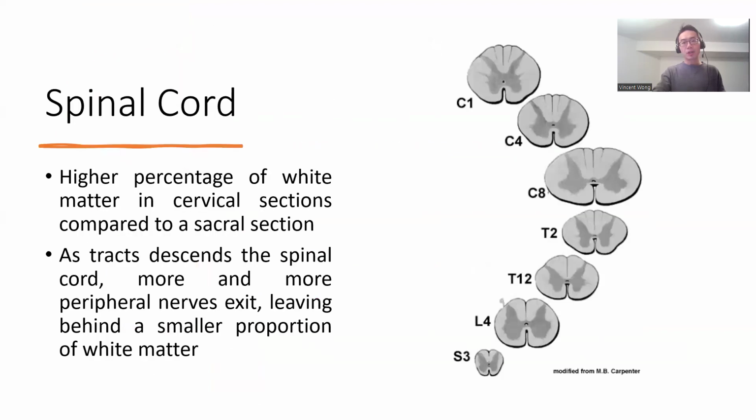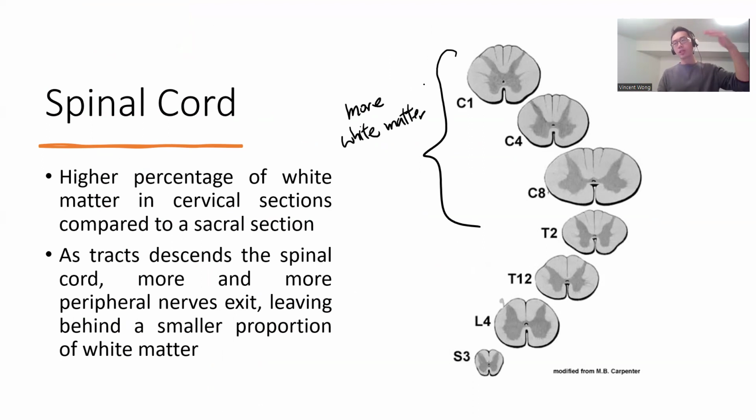And in this picture, it's trying to show you how the percentage of white matter and gray matter changes as you go down the spinal cord. Right? So you have a lot more white matter near the top of the spinal cord than, say, something further down.